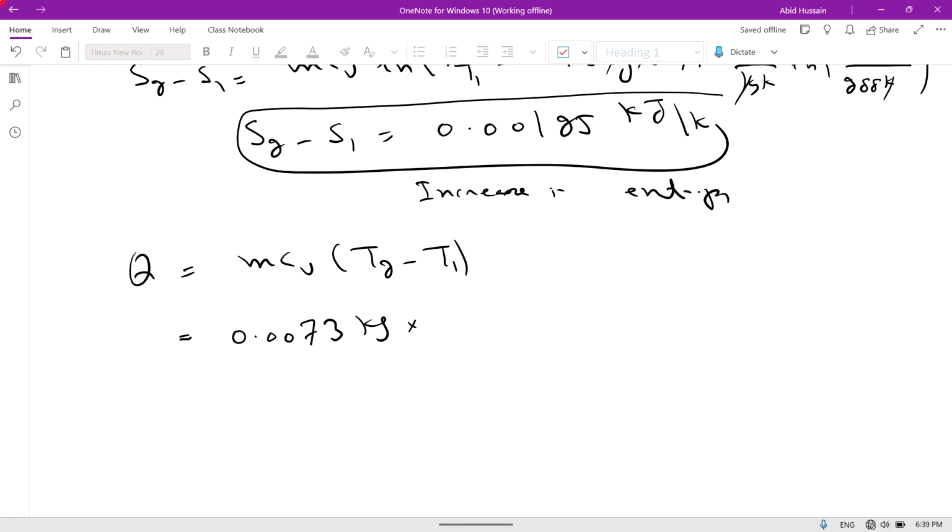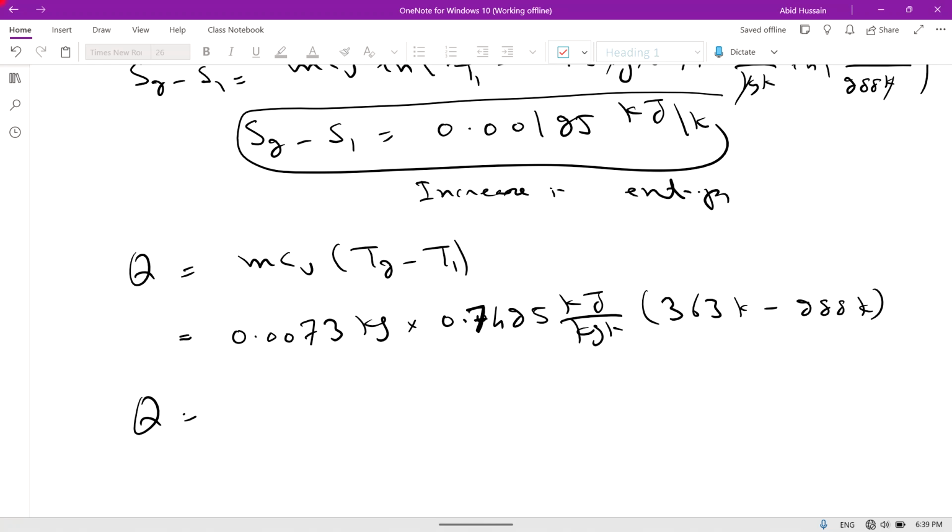The value of CV is 0.7425 kilojoule per kilogram per Kelvin, and 363 Kelvin minus 288 Kelvin. So Q is equal to 0.0073 multiplied by 0.7425.